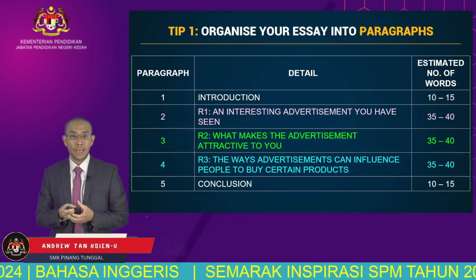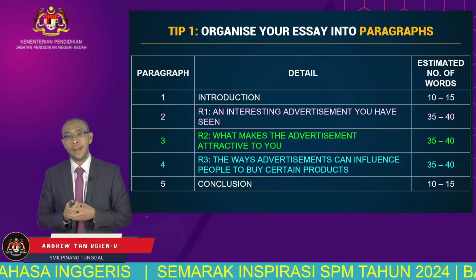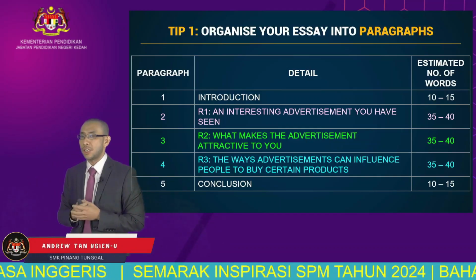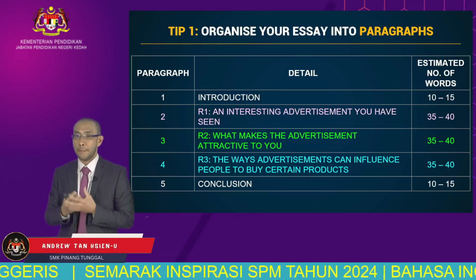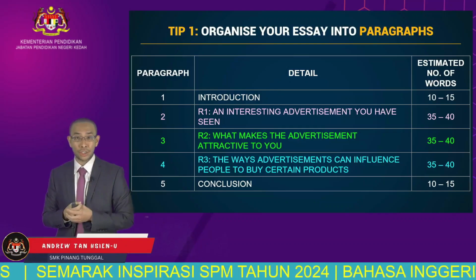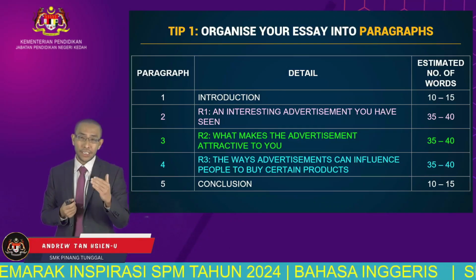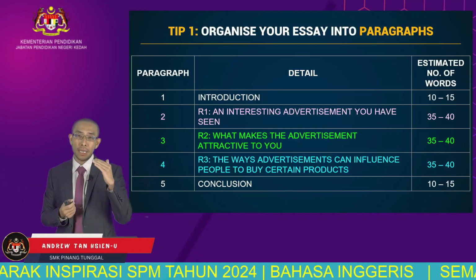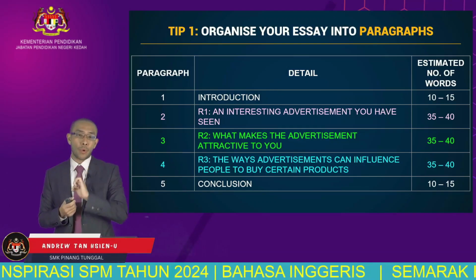Number one, you can organize your essay into paragraphs. All right? This is a typical structure that you can follow. It's not compulsory, but it's just a suggestion. All right? So we start with an introduction. And then if you notice, for the body of the paragraph, for each and every paragraph, we will put in one requirement.